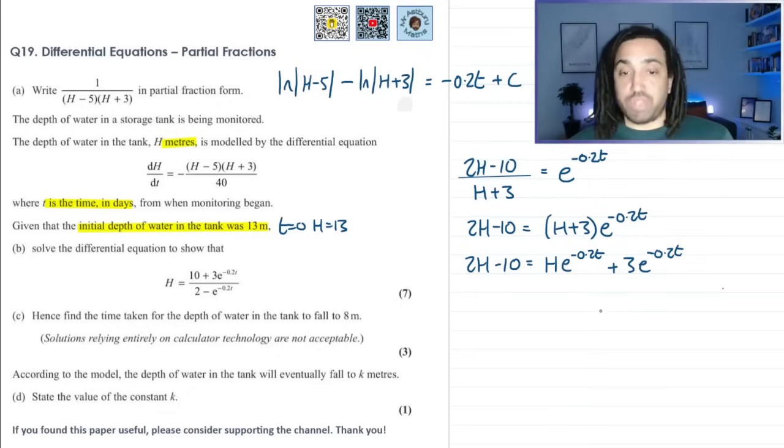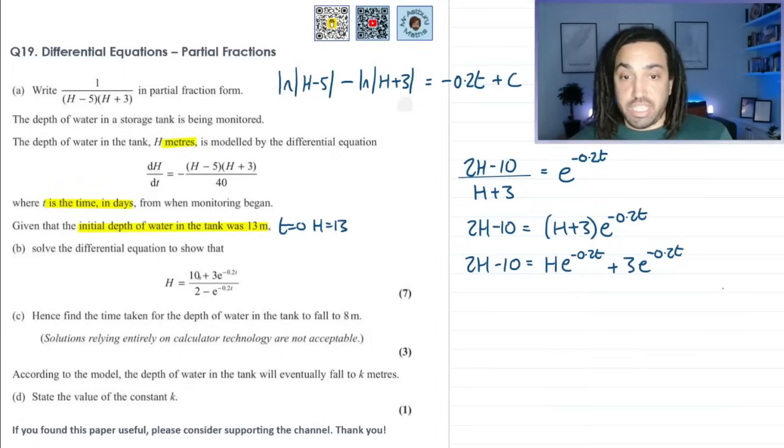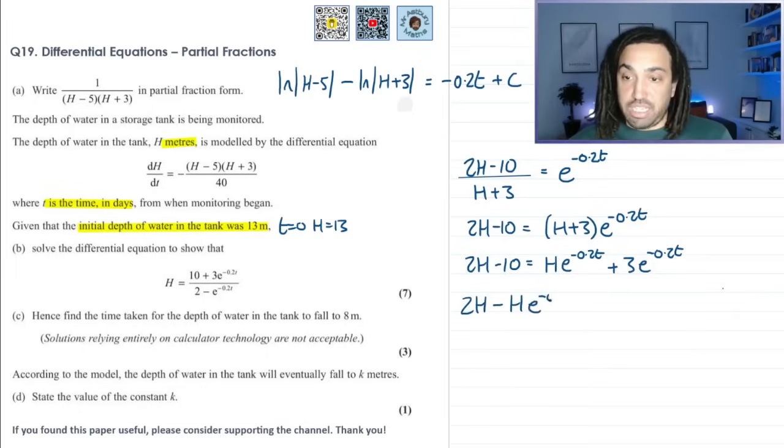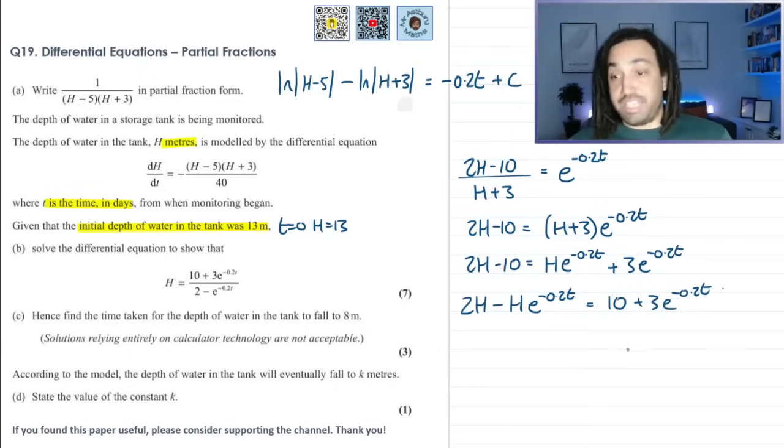We can then bring all the h's to one side. Just be a little bit careful to pick which side to do it. I can see here that there's going to be a positive 10, so I want the 10 to go to the right side. So let's do 2h minus h e to the minus 0.2t, and that's equal to, so the 10 comes to the other side, 10 plus 3e to the minus 0.2t.